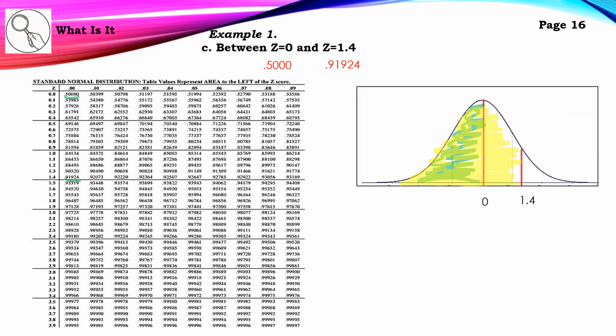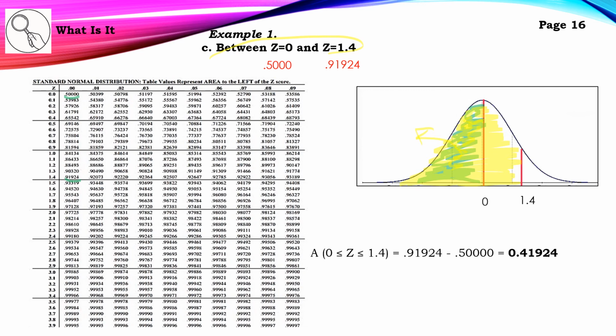As you can see on the shaded part, there is an overlapping of colors. And our situation is to find the area between the two z values. So what are we going to do? Okay, very good. We will deduct the area of 0 from the area of 1.4.